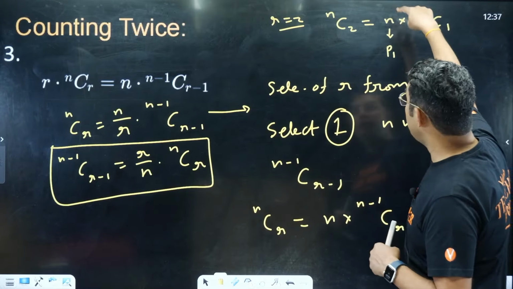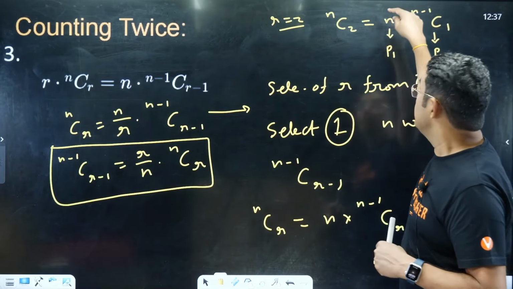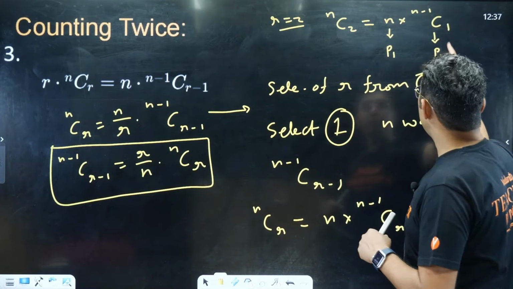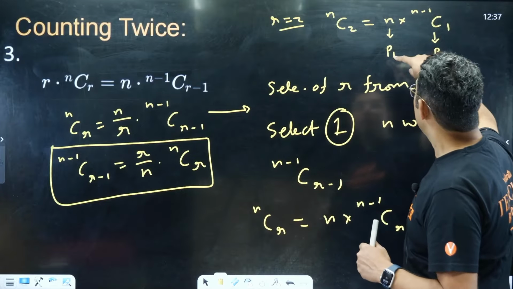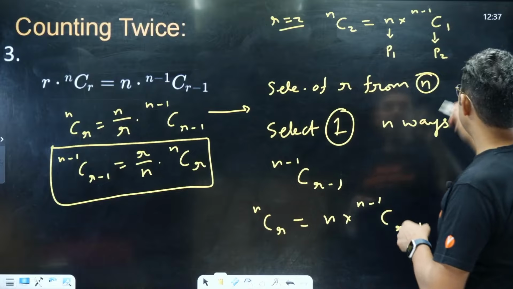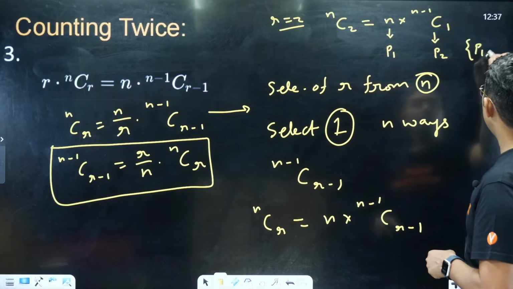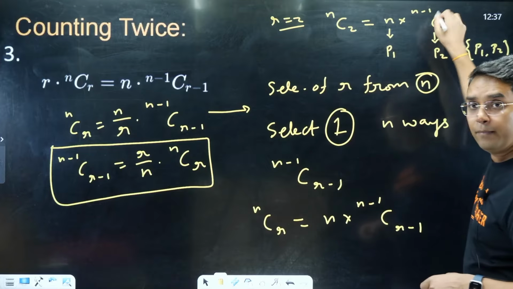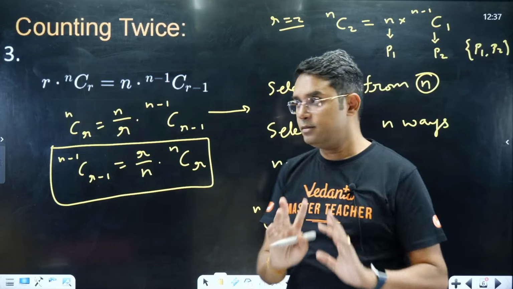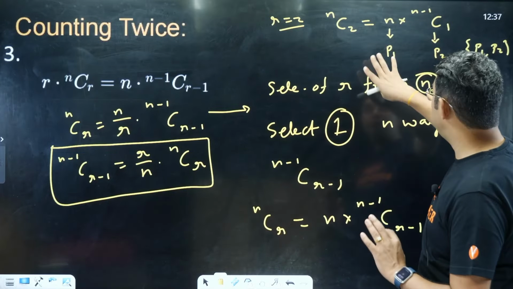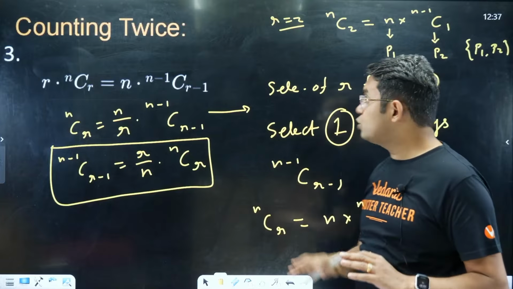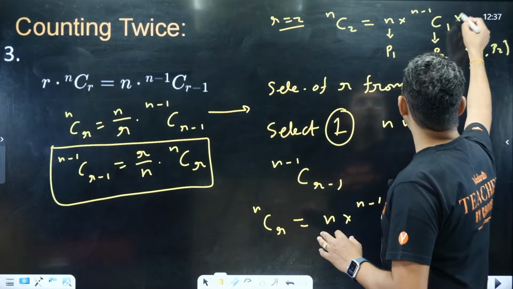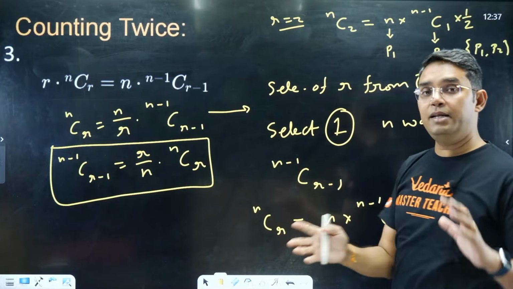But here when I'm saying n ways, this also includes those cases when P2 was selected first, and maybe in the remaining n minus 1 we select P1 there. So you can see the selection of P1 and P2 in this way is actually repeated twice. Why? P1 would have been first selected and then P2, or the other order also. So here we have to divide by 2 so that the repetition is accounted for.